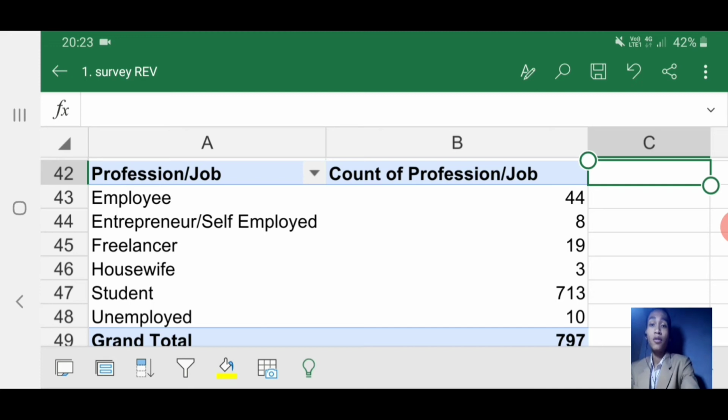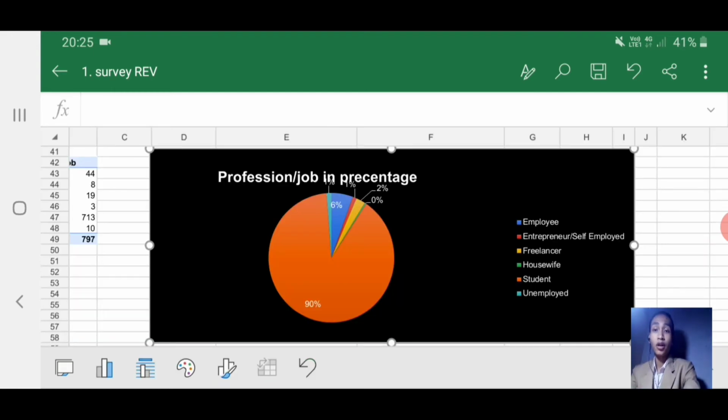By this data we can visualize using a chart. I will show you the profession chart. As you can see, there is 90% student, 2% freelancer, 1% entrepreneur, 6% employee, and about 1% housewife.